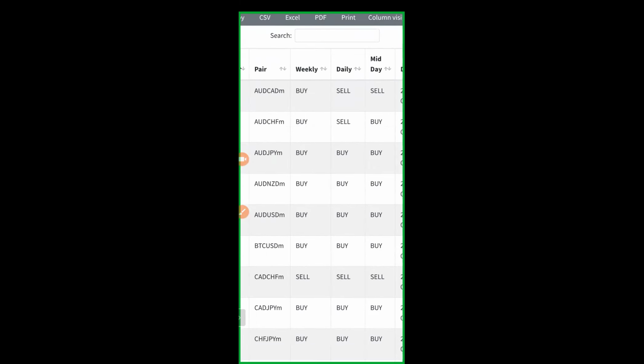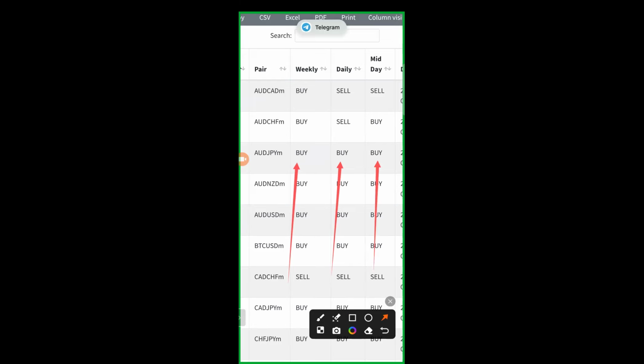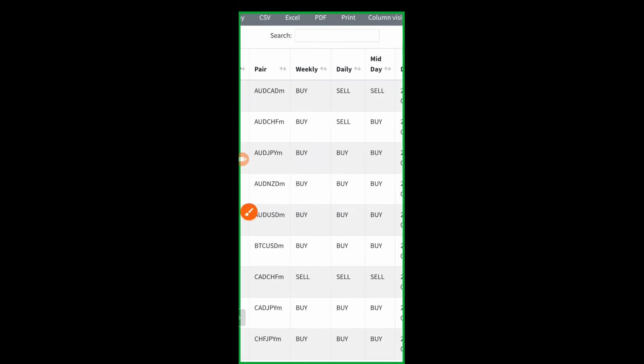But look at AUD JPY. Everything is buy. Look at weekly, look at daily, look at mid-day. So it's buying.